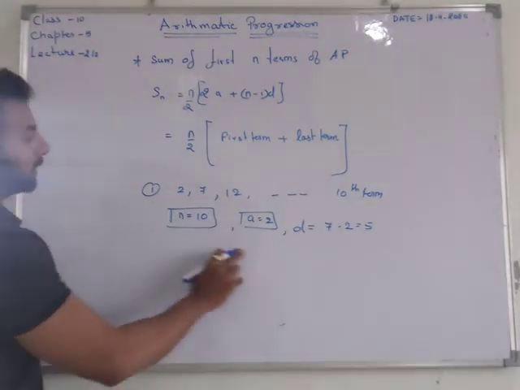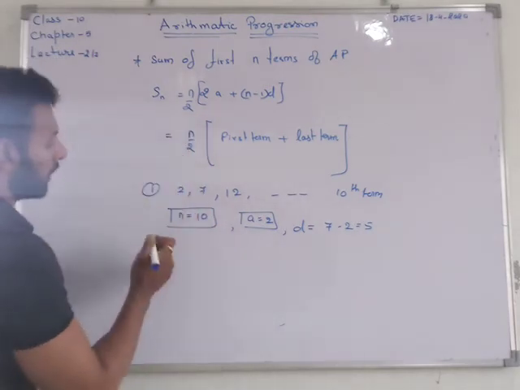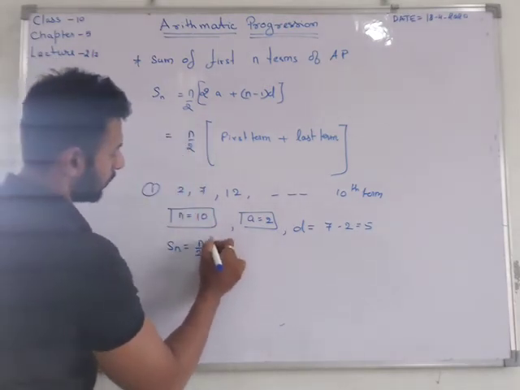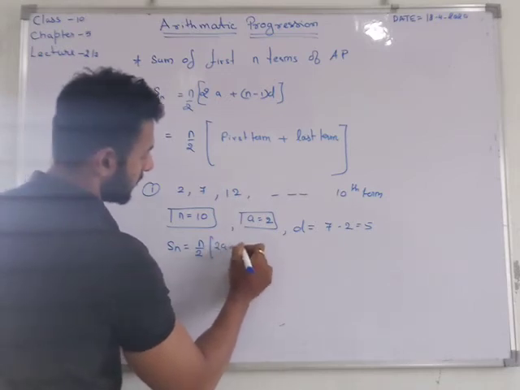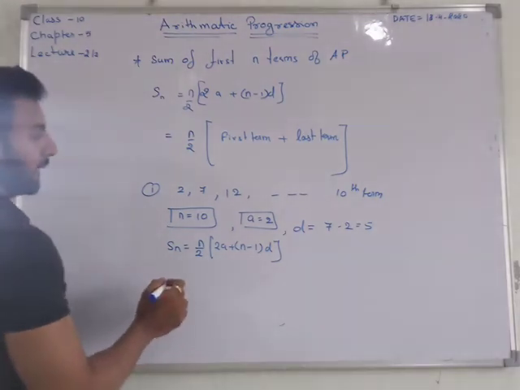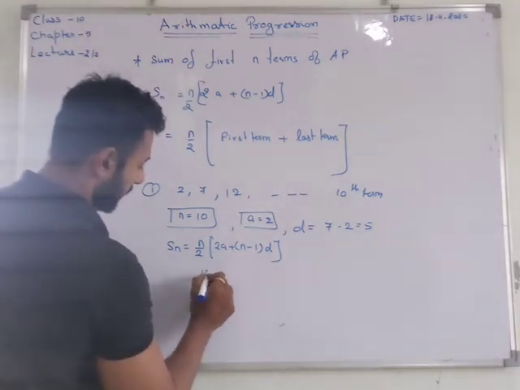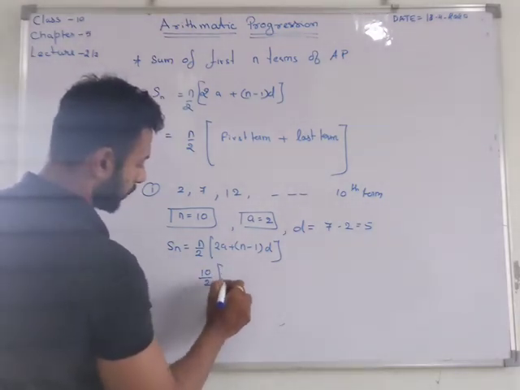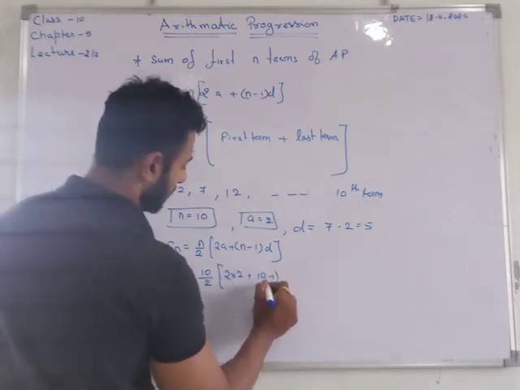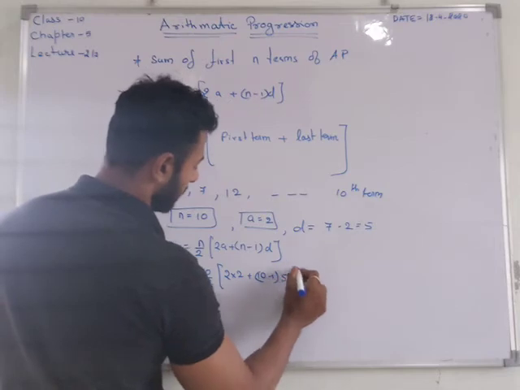Now substitute all these values into the formula of sum. Sn is equal to n by 2 into twice A plus n minus 1 into D. N is 10, so 10 by 2 into twice A, A is 2, plus n is 10 minus 1 into D is 5.